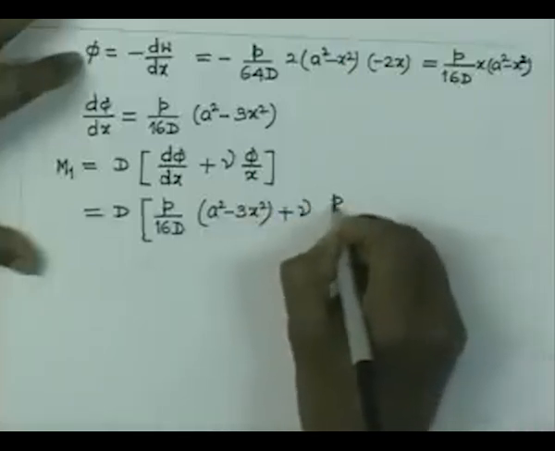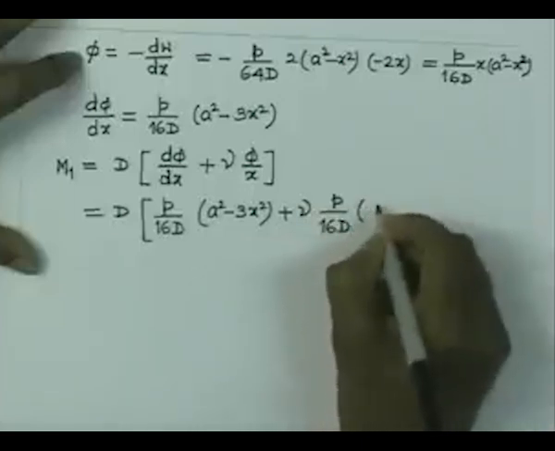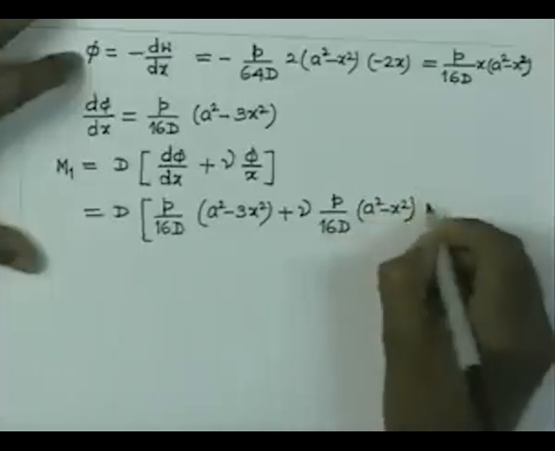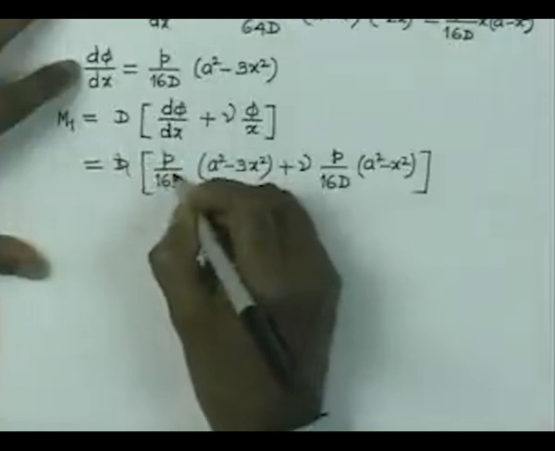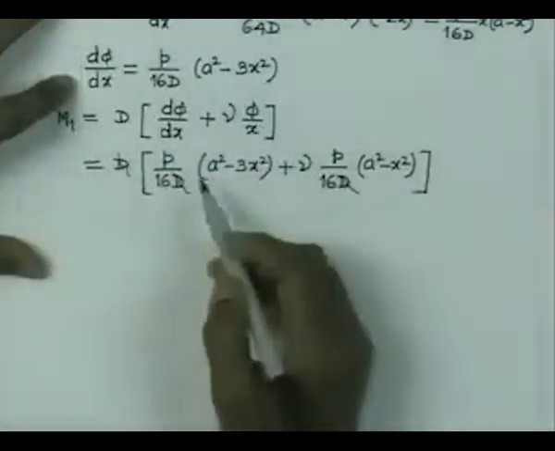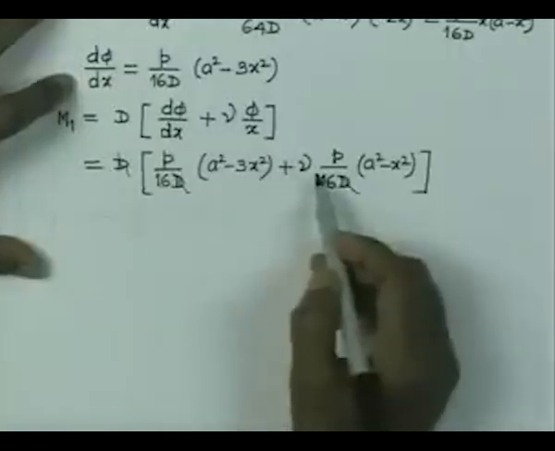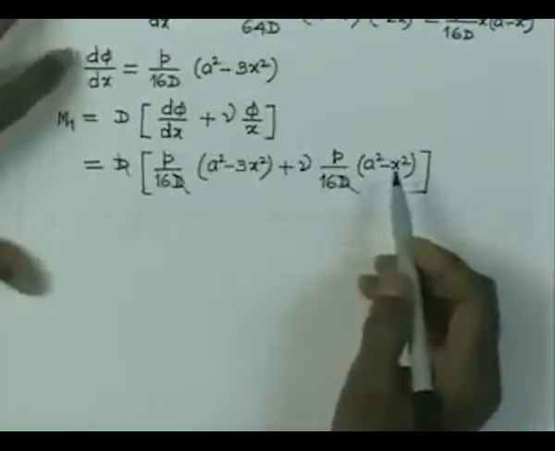Therefore it is P by 16d times a square minus x square. The D gets cancelled; this D will cancel everywhere, so it will become independent of D. So we will have M1 equal to P by 16 times a square minus 3x square plus nu into P by 16 into a square minus x square.